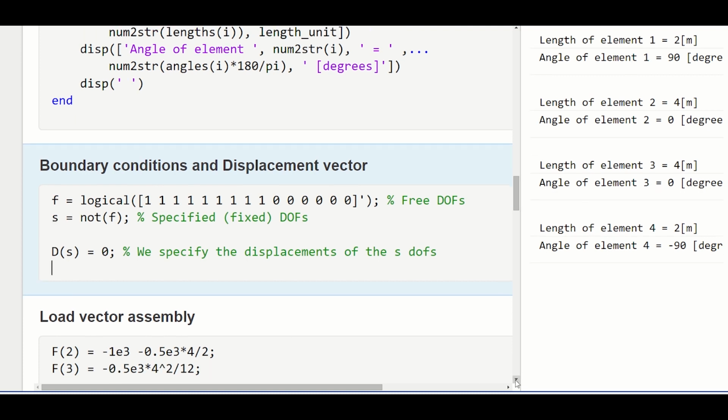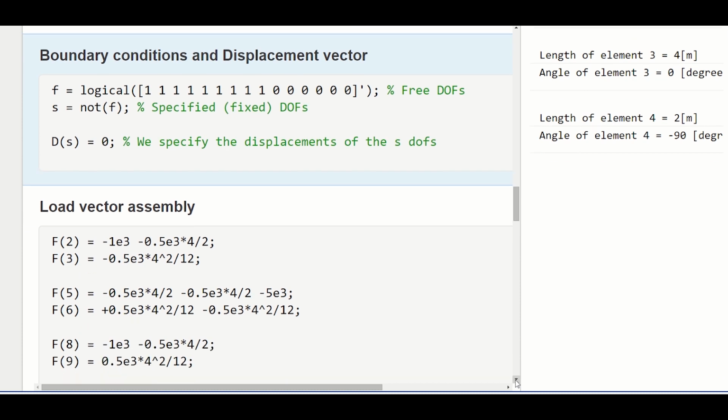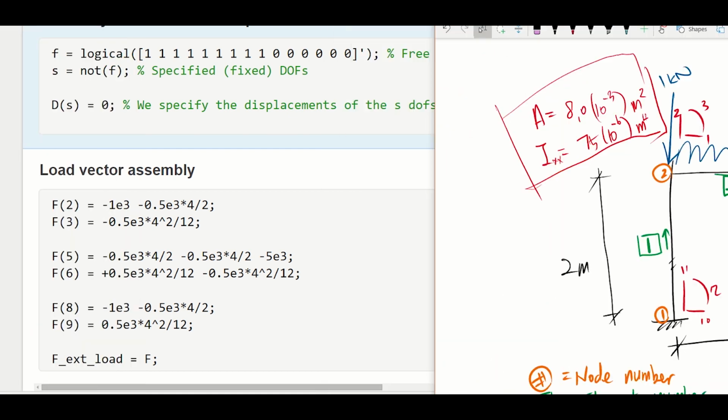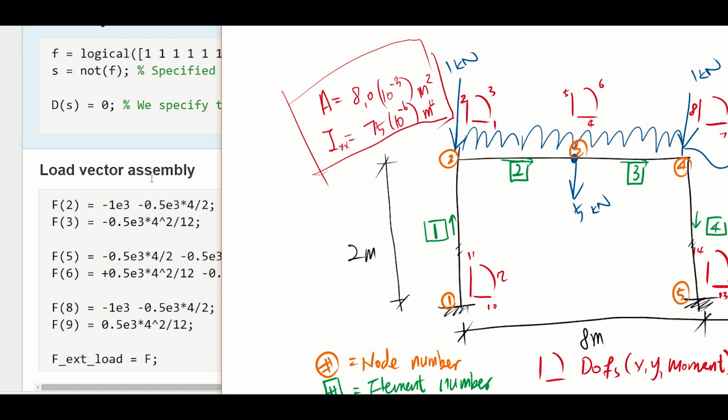And yeah, the load vector. This is a point where you might get confused, but I can go through it slowly. Alright, let's first go to the second one. We have 1, 2, 3 degrees of freedom, and your 1 kilonewton goes directly into your second degree of freedom.